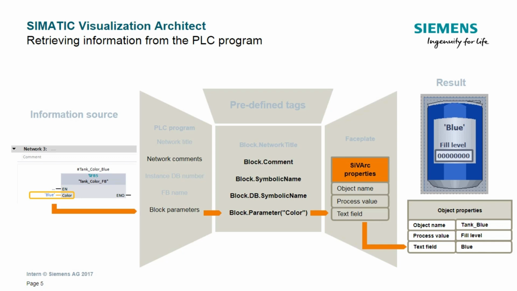Then we see in our faceplate that the string blue, which we have here in our FB, is linked to the text field itself. Same for process value and for object name. We can do the exact same thing.